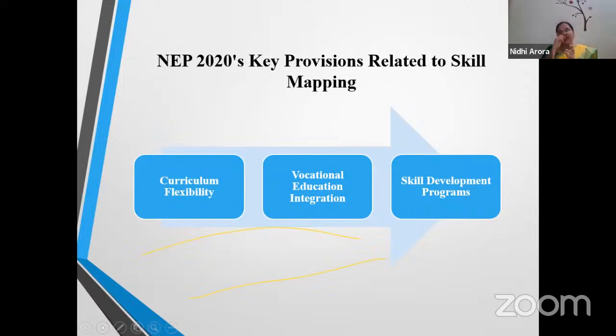So, vertical and horizontal mapping are crucial tools for understanding and planning skill development in alignment with career goals and industry demands. It focuses on integrating vocational education and promoting transferable skills, supporting effective skill mapping, ensuring that individuals are well prepared for a dynamic and evolving job market.